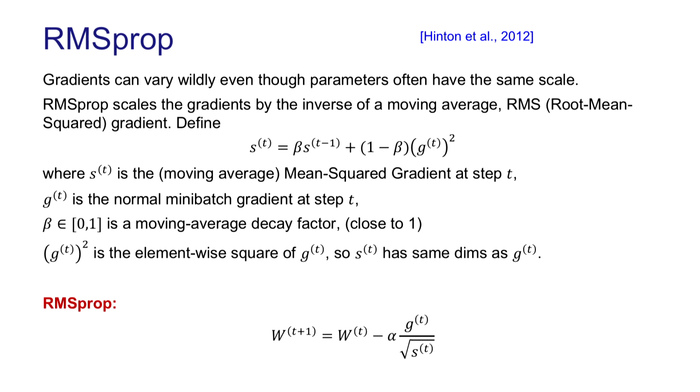Now the update looks like this. Again, the division here is still element-wise. The gradient has some dimension m, and S has dimension m, and when I say square root, I mean the square root of each element. So you could do everything independently on each coordinate.